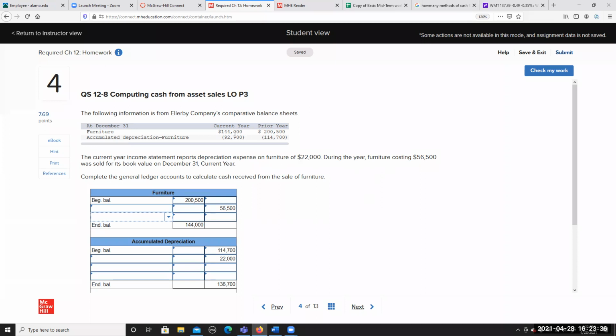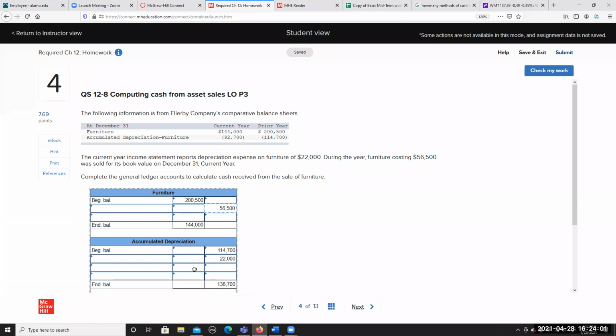All right. So guess what? Look, beginning balance minus this equipment we got rid of, and we match this 144. But we do not match this 136. Now, in this case, the equipment was sold for its book value.